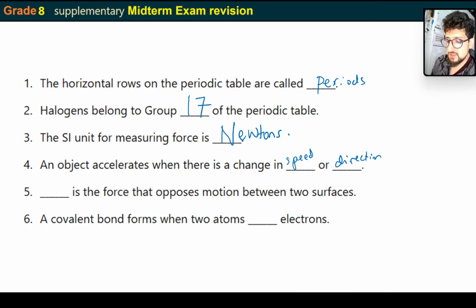Number 5 is the force that opposes motion between two surfaces. So that's friction. Friction is a contact force that exists between surfaces. And what that means, opposes motion between surfaces, is it goes against the motion. So if I'm moving in one direction, let's say for example, here we go. So that's a surface that I have.